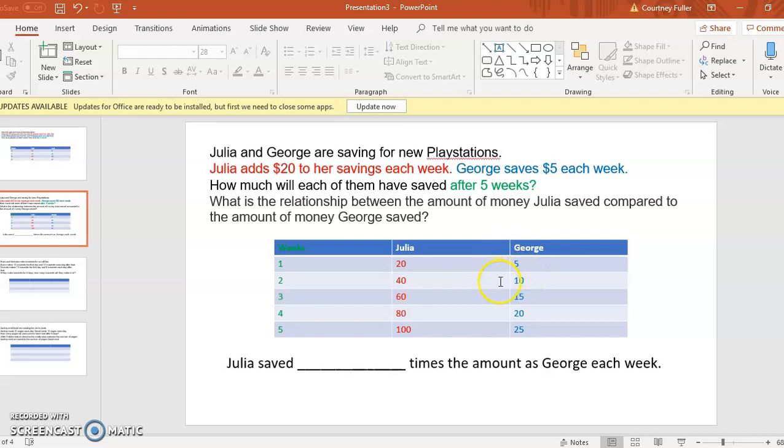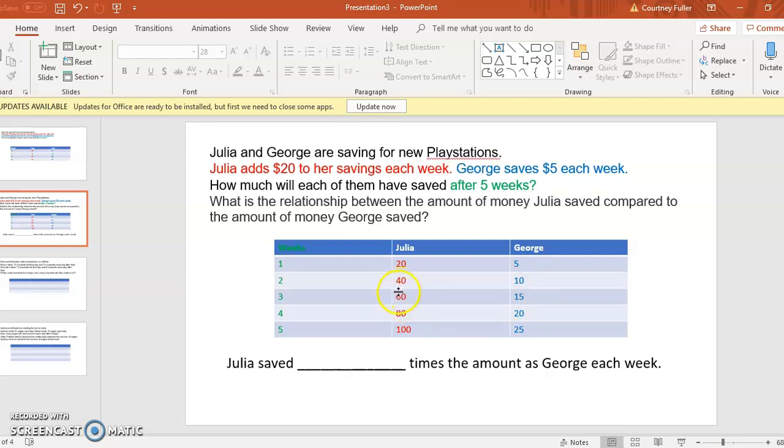Let's see if that's also true of all of these other parts of the pattern. 10 times 4 equals 40. So 40 is 4 times as much as 10. That one works. 15 times 4 is 60.